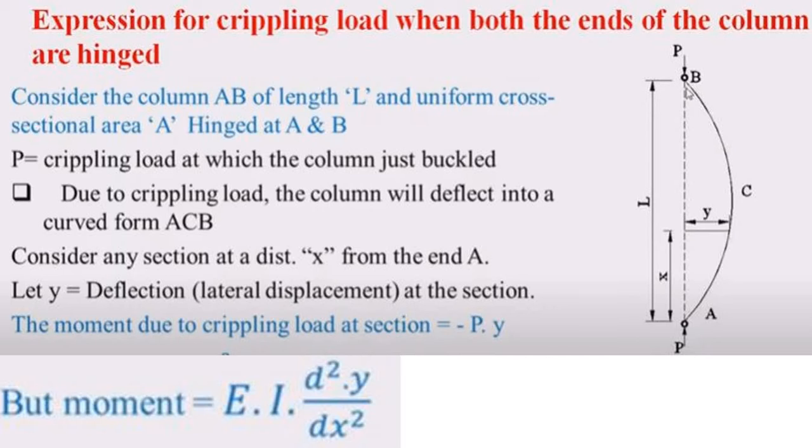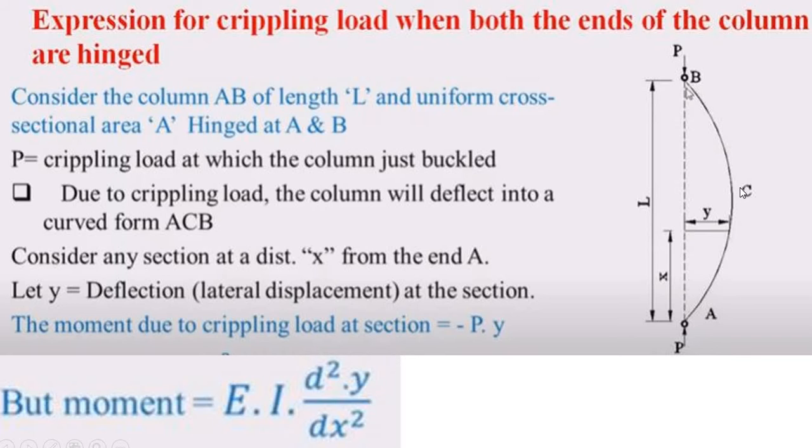So here you can see the column, and after the load is applied, that is at the two endpoints of the column load P is acting, and due to the application of the load, the column is deflected like this, and the deflected column is represented by the curve ACB.